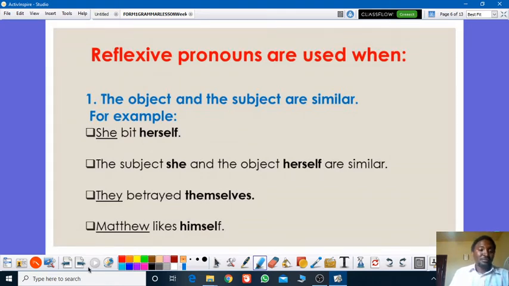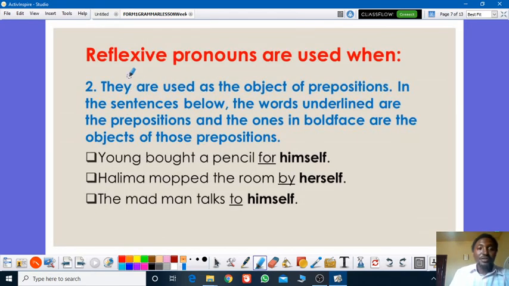Number two, reflexive pronouns are used when they are used as the object of prepositions in the sentences below. The words underlined are prepositions and the ones in boldface are the objects of those prepositions.